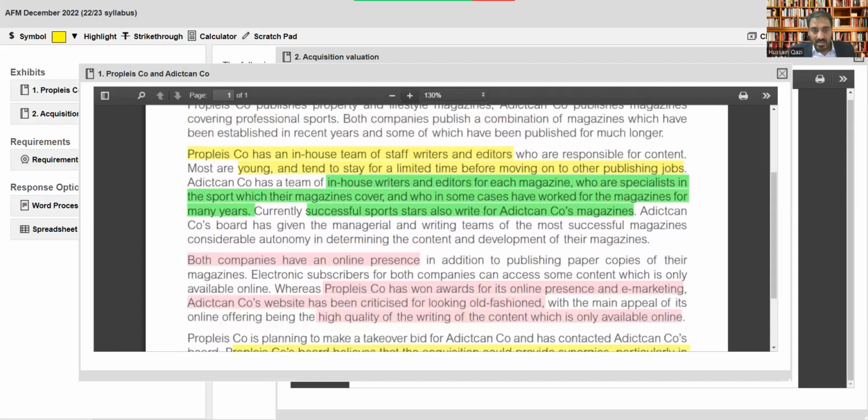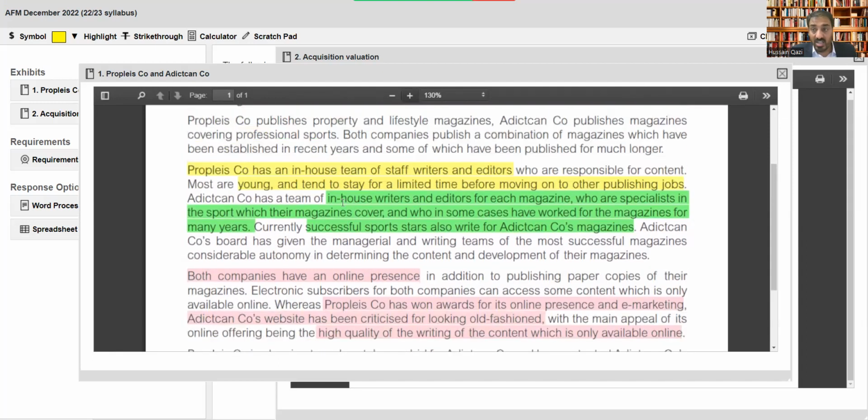For example, some of the highlighted points are very important within the question. Reading of the question is very important. Propolis company has an in-house team of staff, writers and editors. Number one, they are young and tend to stay for a limited time before moving on to publishing jobs. So, first thing.